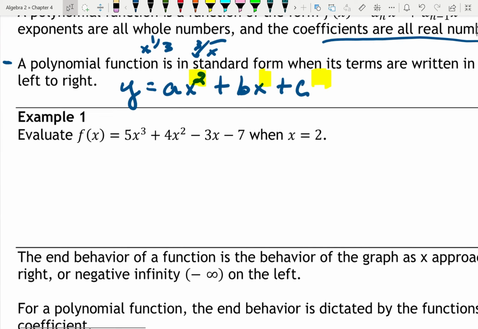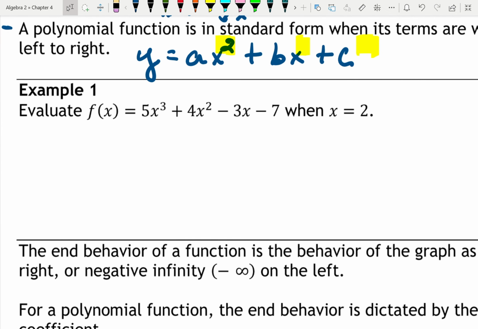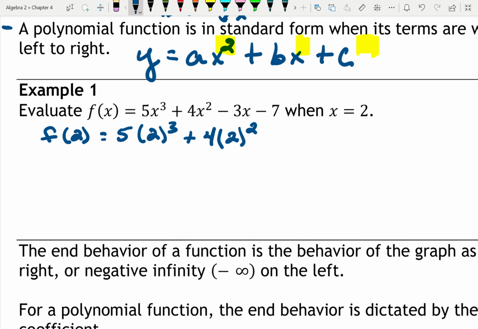Number 1, we're supposed to evaluate. That means to plug in x equals 2. So we're going to plug in f of 2 equals 5 times 2 cubed plus 4 times 2 squared minus 3 times 2 and then minus 7.